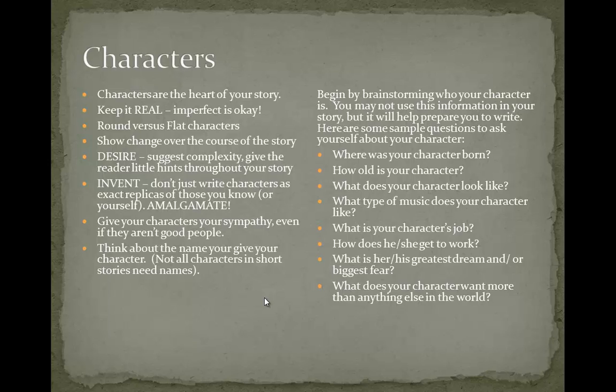When you write characters, don't just write characters as an exact replica of those people and say, well, I can't change it because that's who they are. You are writing fiction, okay? You can certainly take parts of people and Frankenstein them together, amalgamate people, take the way that you walk, or your own funny mannerisms of what you say every time someone says something.